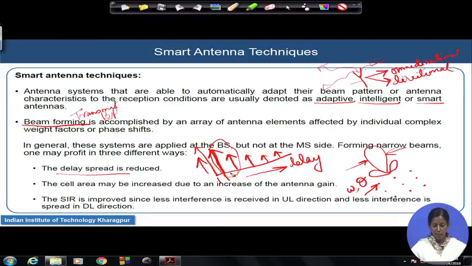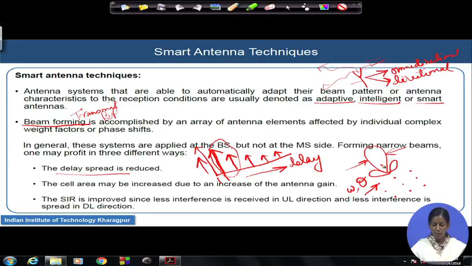Hence, the delay spread of the signal can be heavily reduced if I use very narrow beam transmission. As we are focusing the power, in the earlier case of 360 degree communication, most of the power was spread over the channel and over the 360 degree zone, and you could not capture all the power in the receiver.